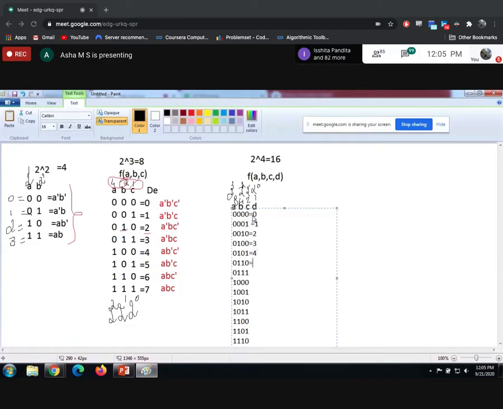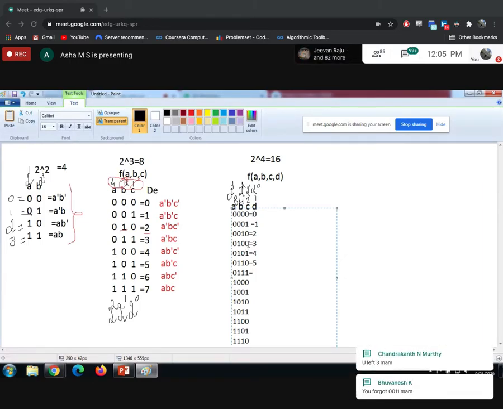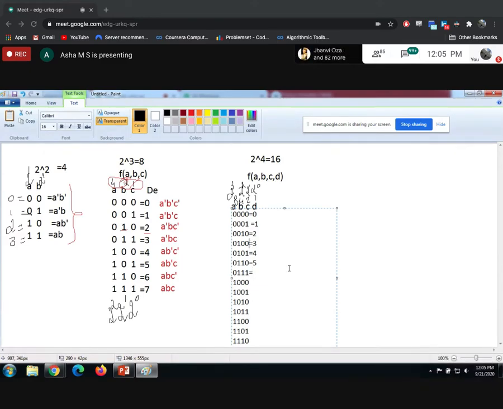Decimal 4. Decimal 5. Somewhere I missed one step. 3 means 0, 0, 1, 1. 4, 5. 6 means 0, 1, 1, 0.